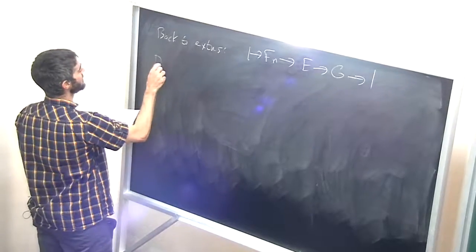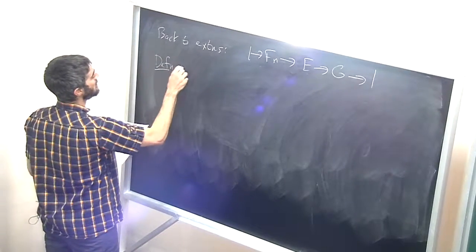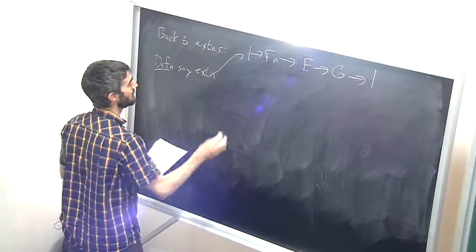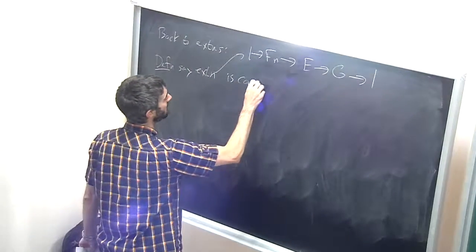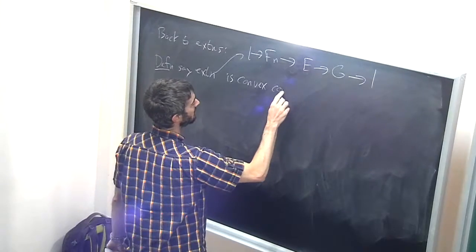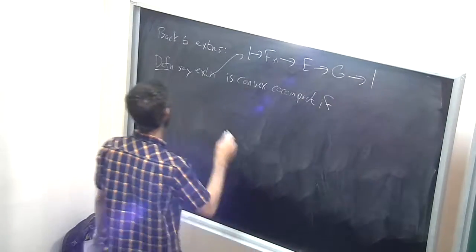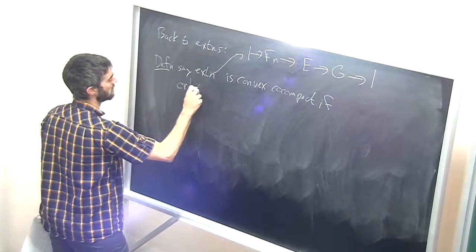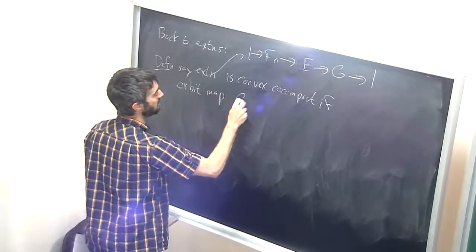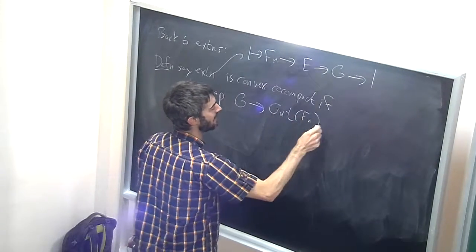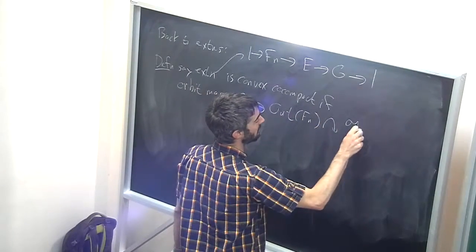So let's make a definition. Say the extension, this extension over here, is convex co-compact if the orbit map, so G maps to Out(F_n), and this acts on the free factor complex.